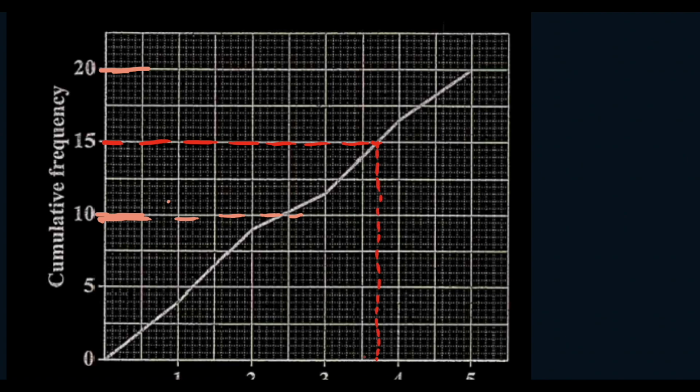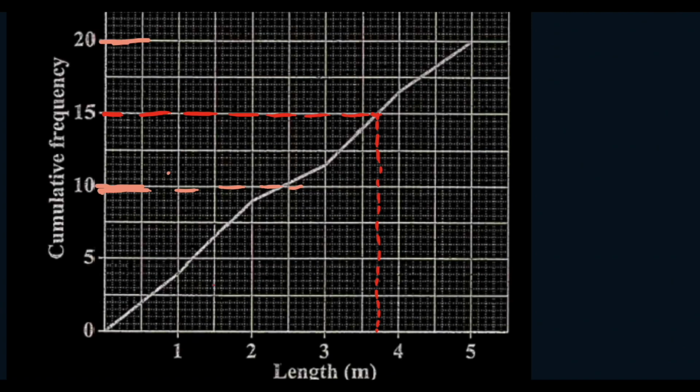Now we're going from 3 to 4, and each of these represents 0.1. So this is 3, 3.1, 3.2, 3.3, 3.4, here is 3.5, here is 3.6, and here is 3.7. Our upper quartile is equal to 3.7.